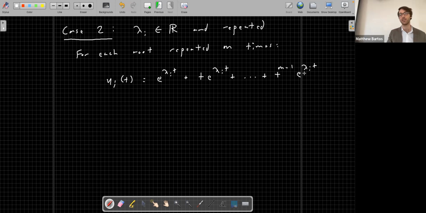Okay, so you'll essentially get these exponential terms weighted by time. So note that this is not a plus here, this is a t, and this is a t as well.